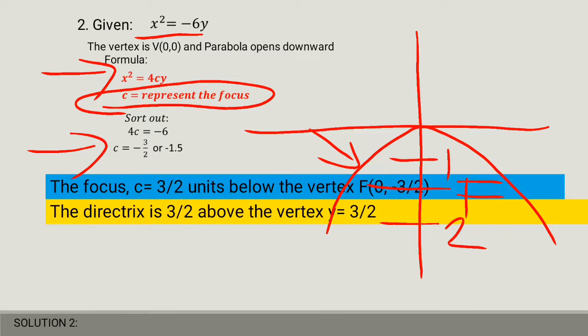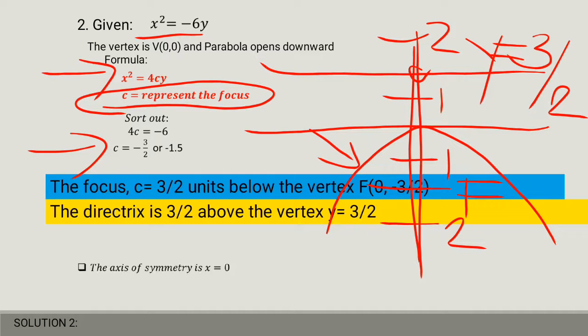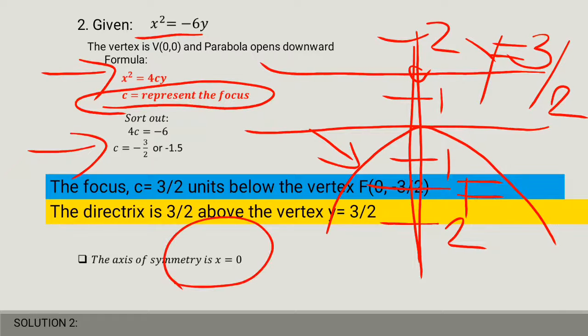Then, ang directrix naman po, laging nasa labas ng parabola. Kung meron tayong 1 and 2, then ang directrix natin, dito siya tatama. So, since tumama siya sa y-axis, ibig sabihin, ang ating directrix is equivalent to y is equivalent to 3 over 2. Then, ang ating axis of symmetry is x is equivalent to 0.